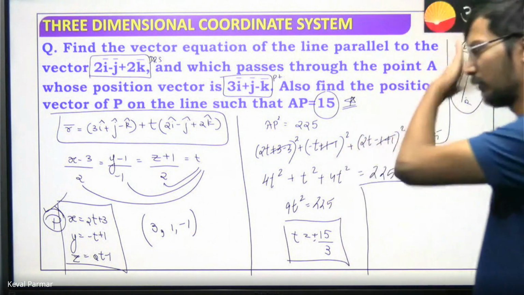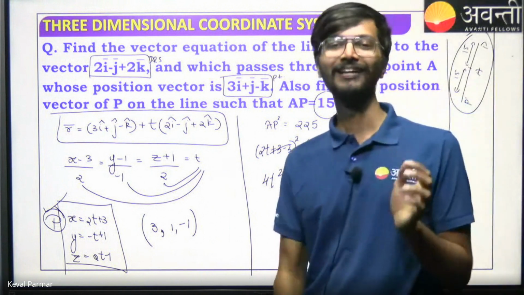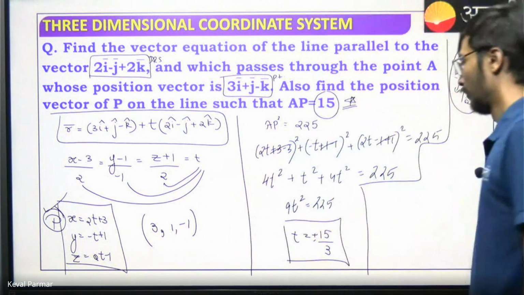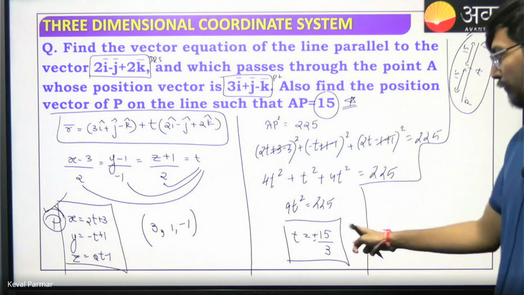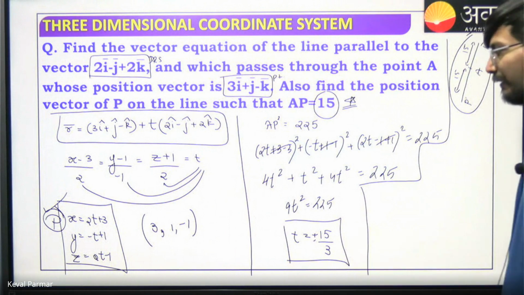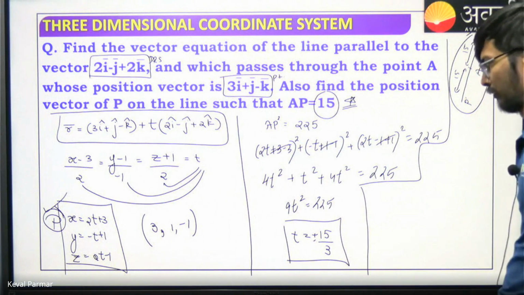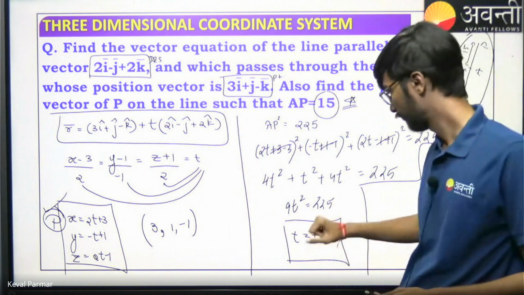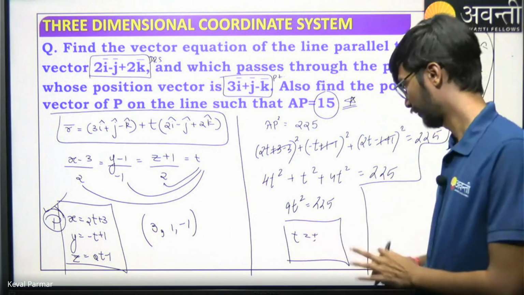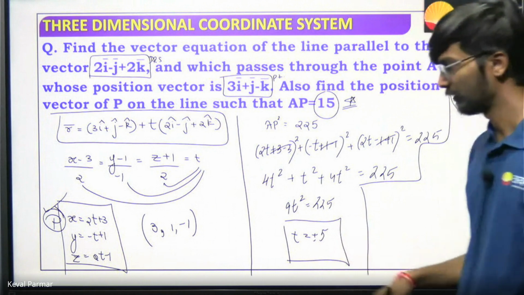Let us substitute one value. I'll substitute the positive one. You can check the negative. So 15 by 3 is 5, plus minus 5, right? So plus 5.